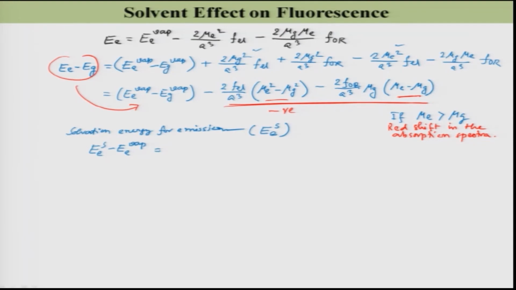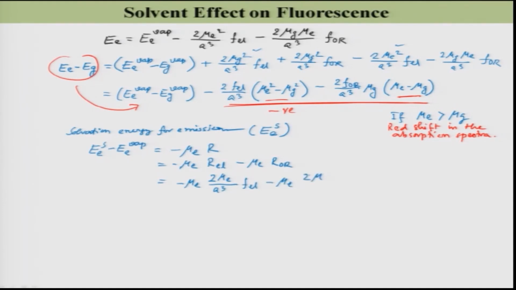So, let me do it quickly over here. This is equal to minus mu E into R, equal to minus mu E into R EL minus mu E into R OR, which is equal to minus mu E twice mu E by A cube F EL minus mu E twice mu.